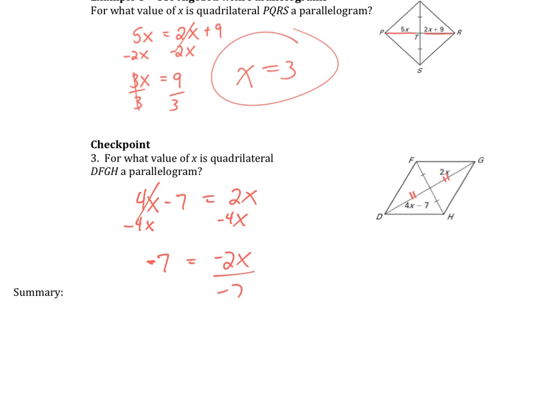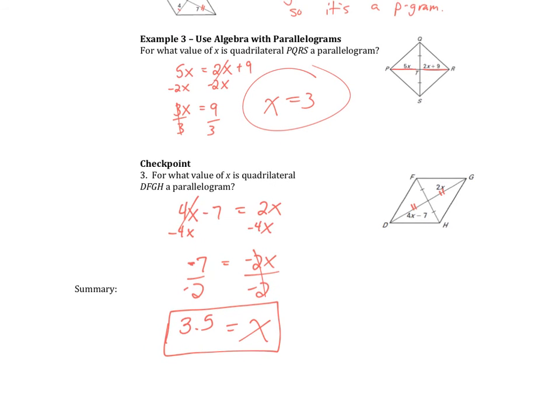And then we would have to divide by negative 2. We would get x equals positive 3.5. So those are ways we can find out if a quadrilateral is a parallelogram, and that's all we got for this section.